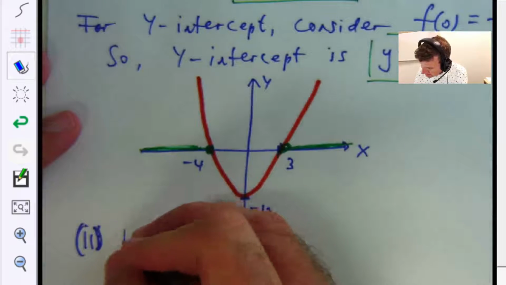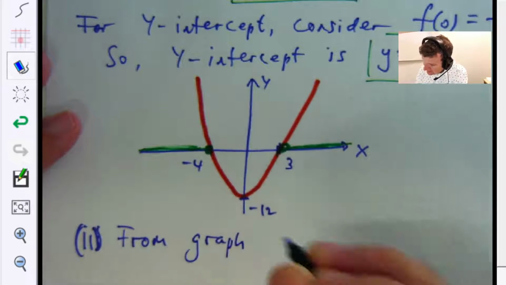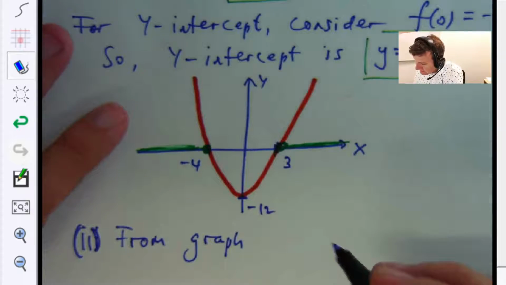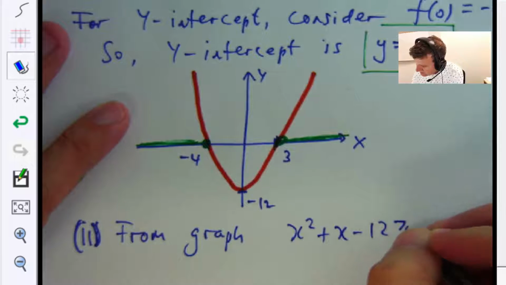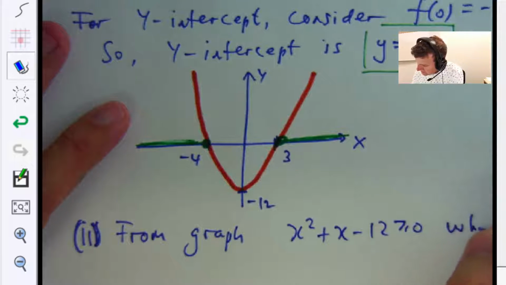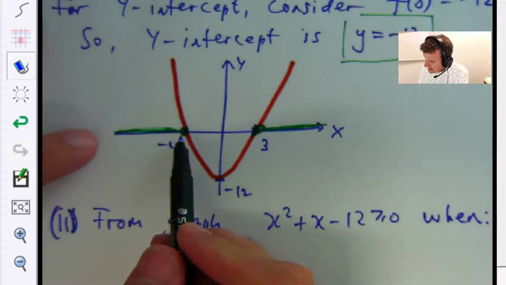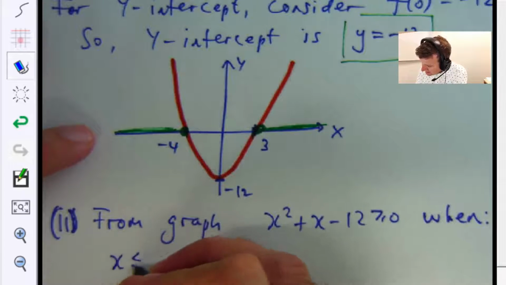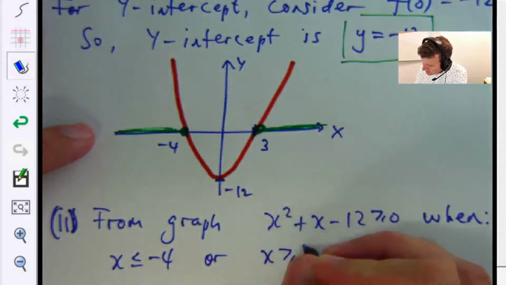So we're at the last part now. From the graph, x squared plus x minus 12 is greater than or equal to 0 when x is less than or equal to negative 4 or when x is greater than or equal to 3.